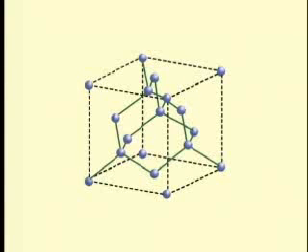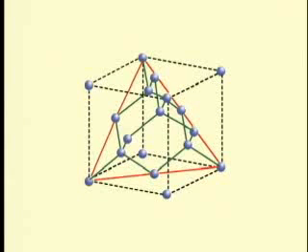In this form, silicon is not a conductor or even a semiconductor, but rather an insulator, which prevents electricity from passing through. But adding small amounts of certain elements, a process called doping, gives silicon some unique and valuable properties.